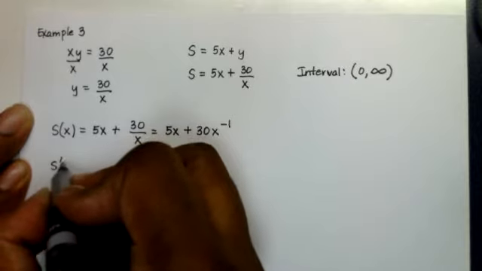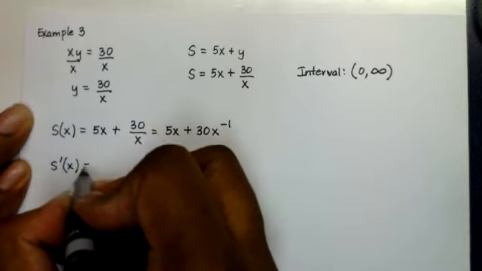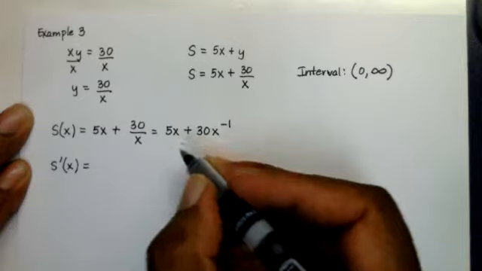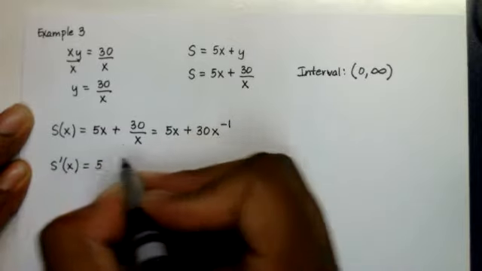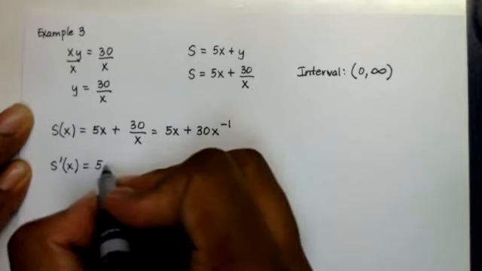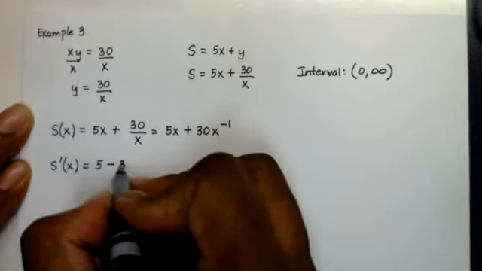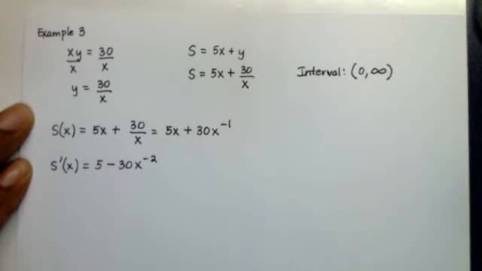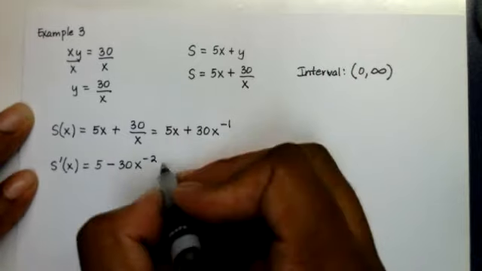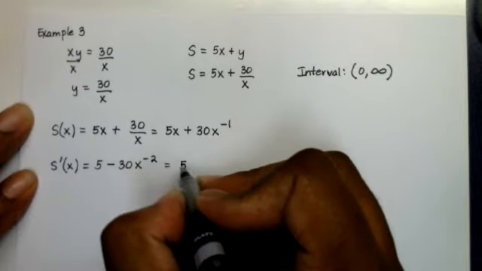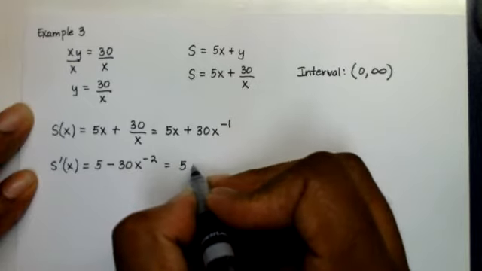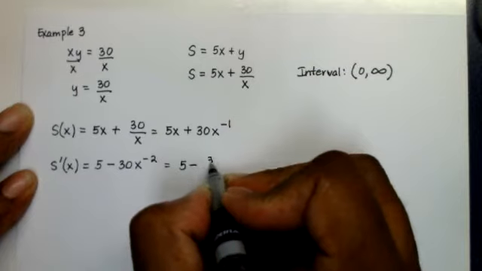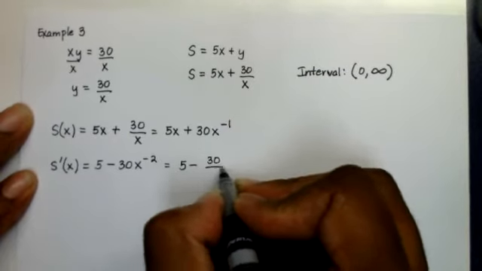So now S prime of x will be, the derivative of 5x will be 5. Now, if I bring down the negative 1, it'll be minus 30. Copy over the x to the 1 less power. So it'll be 5 minus 30 x to the negative 2. And using positive exponents, it'd be 5 minus 30 over x squared.